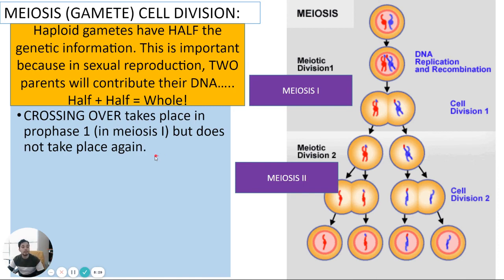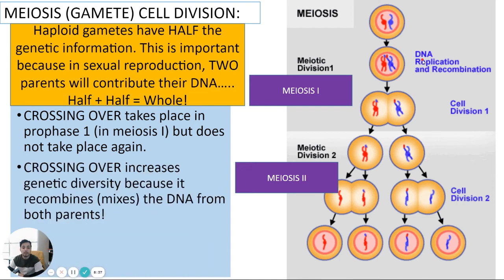What's going to be really important is crossing over, which happens right here, around here, in prophase 1. Crossing over increases genetic diversity, because it combines different parts of the DNA.